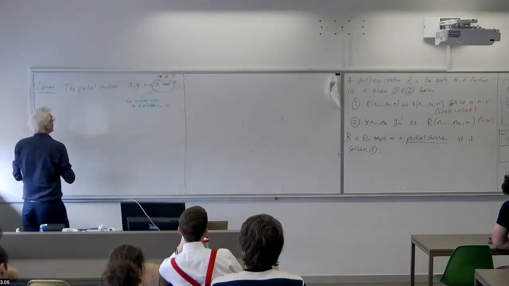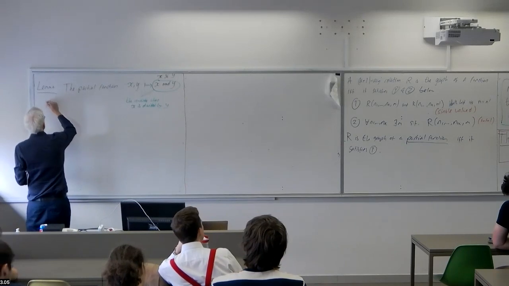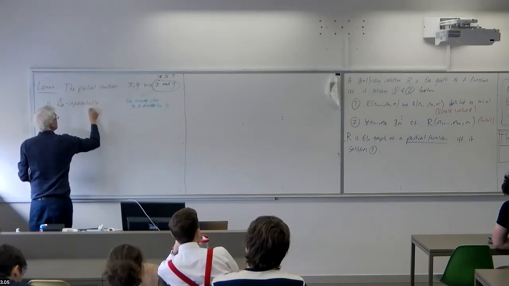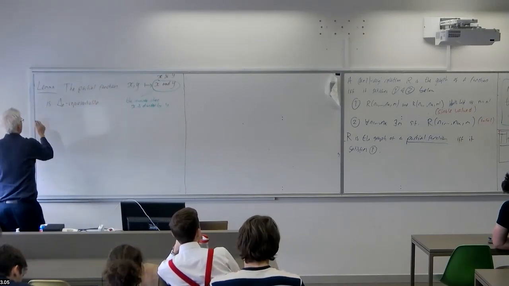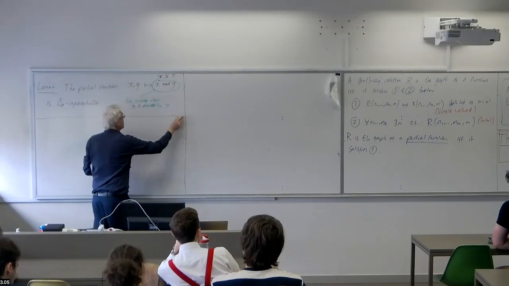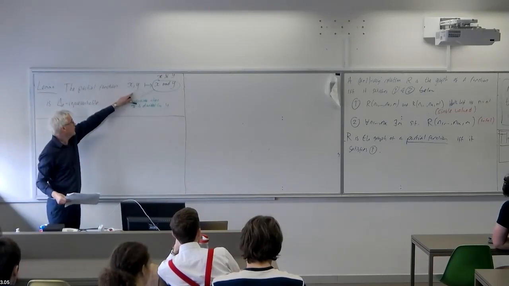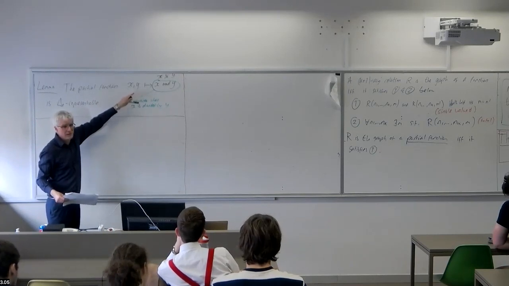This partial function I haven't finished is delta 0 representable. So we want to represent it by a formula with three free variables, x, y, and z.